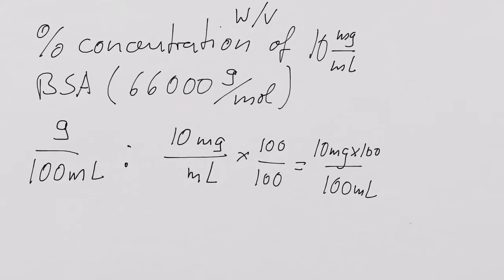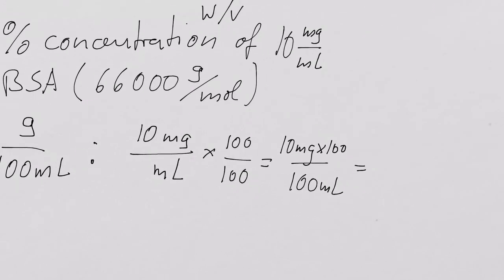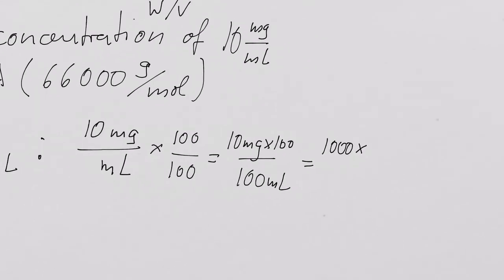So 10 times 100 equals 1,000. So we have 1,000 times 10 to the minus 3 gram per 100 milliliter. The 1,000 and the minus 3 cancel each other out.